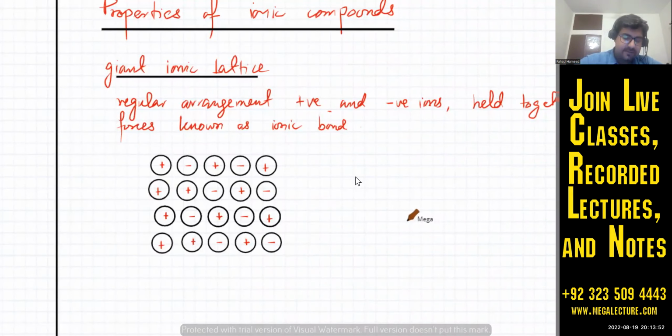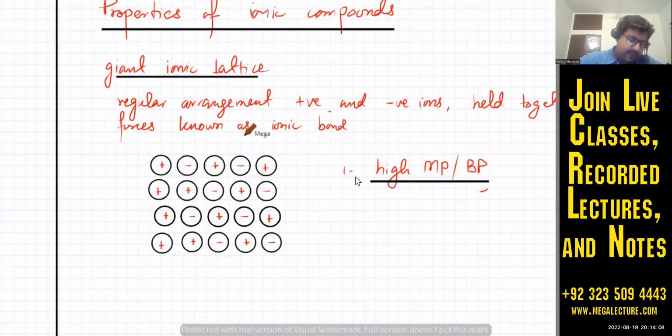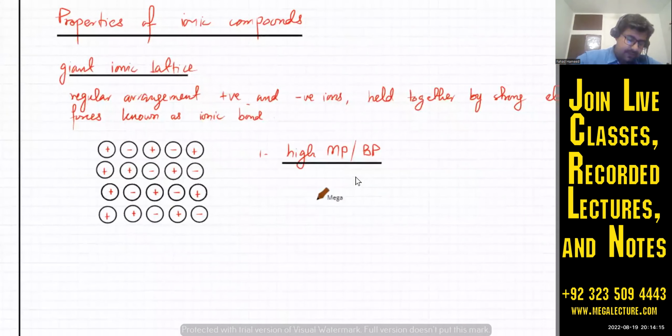It's a giant structure. As for its properties, number one, they've got high melting and boiling points, and that depends on one thing, which is known as charge density. The greater the charge density, the stronger is the attraction between the ions in the lattice.